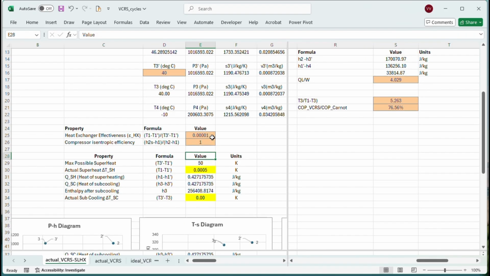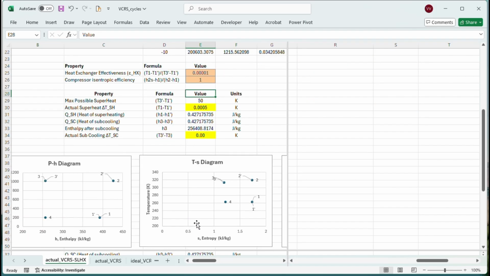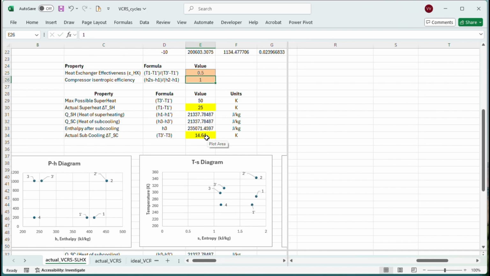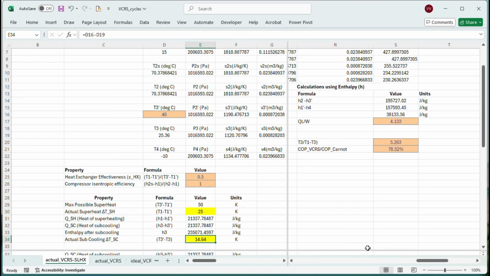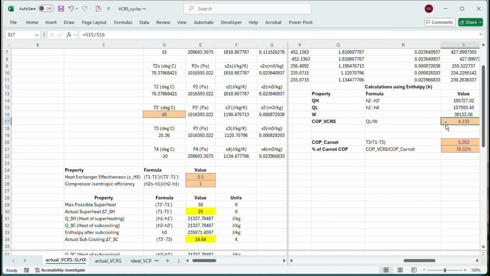And now if you increase the heat exchanger effectiveness, make it 0.5, for example, let's pay attention to what happens to the yellow cells here. So there's a big change in temperatures if the heat exchanger effectiveness changes, right? If you have a good heat exchanger, there's a lot of superheat and a good amount of subcooling. And you have increased your COP because of that.